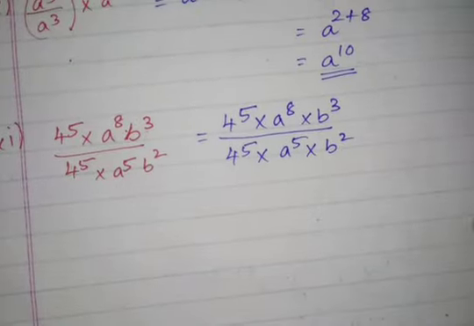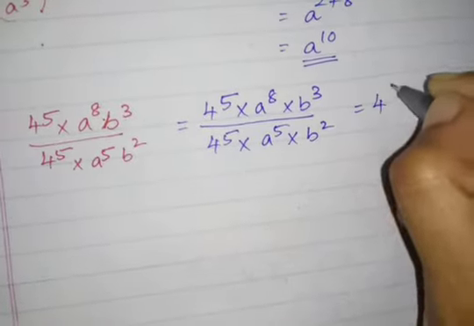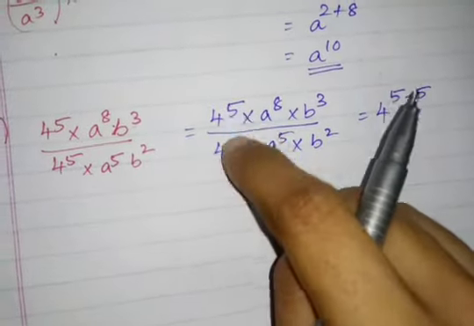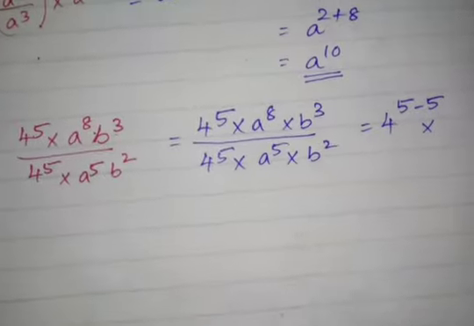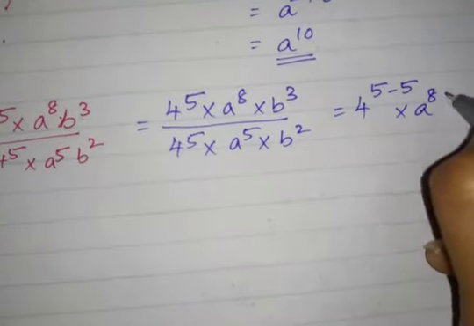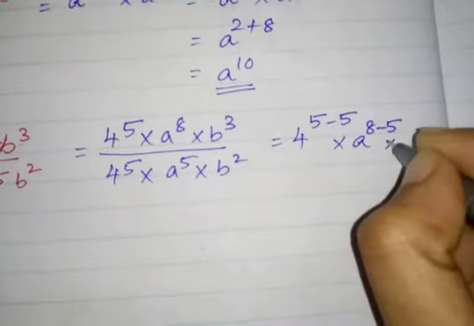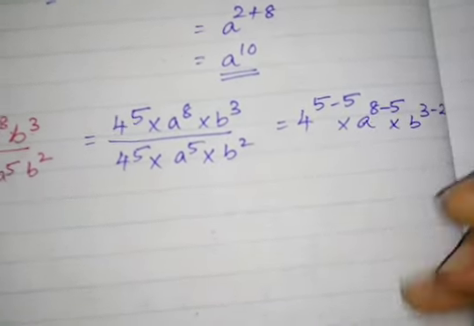Okay, that's all. Now 4 power 5 minus 5, because these two have the same base but division, into a power 8 minus 5 into b power 3 minus 2.